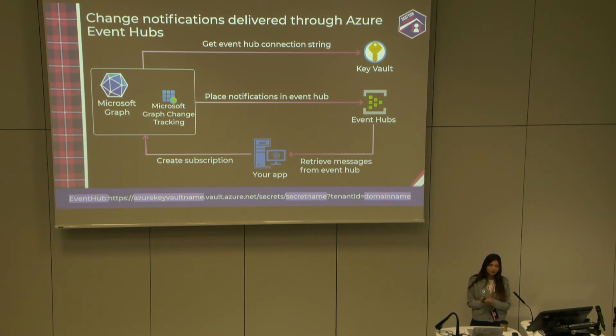When you define the notification URL as an Event Hub, you will basically be sending all of the change information to the Event Hub. And the rest is just consuming the data however you like. You can connect with Event Hubs, and you can build apps, Power BI dashboards, and many other things with this real-time data.